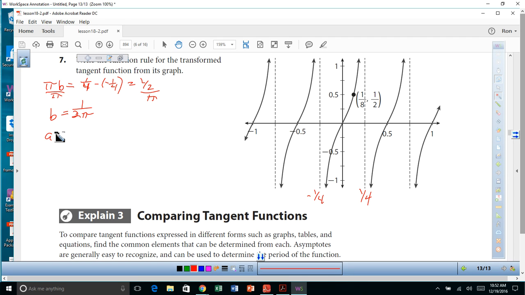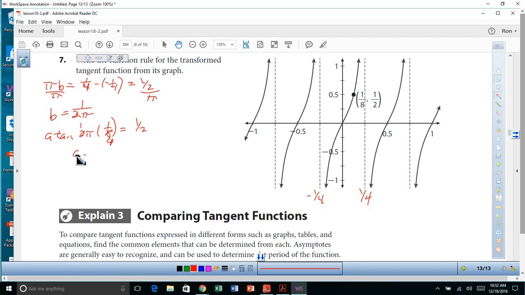A tangent of 2 pi times 1/8 equals 1/2. So that's going to become a 1, and that's going to become a 4.